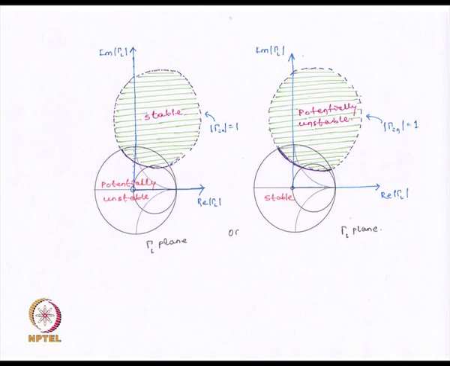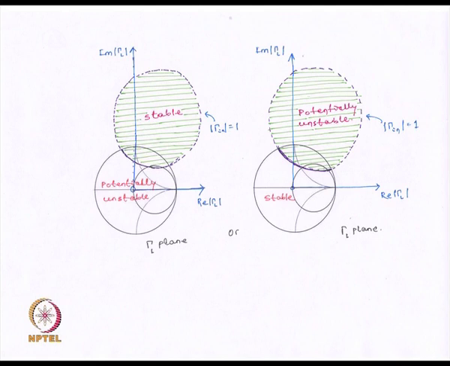Note that when gamma L is equal to 0, gamma in becomes equal to S11. In other words, S11 represents the value of gamma in when gamma L is equal to 0. Now note that outside this circle, the modulus of gamma in will be either lesser or greater than 1.